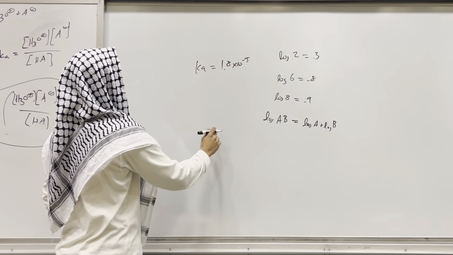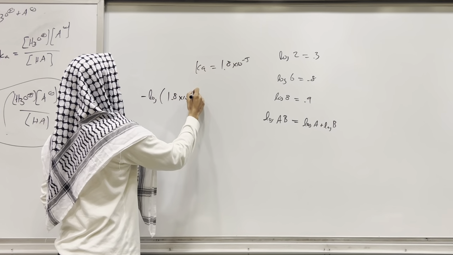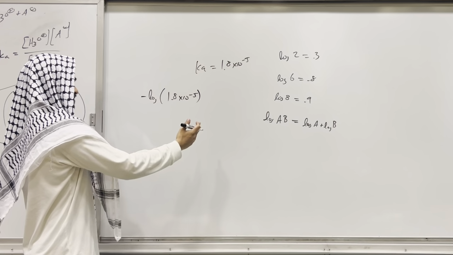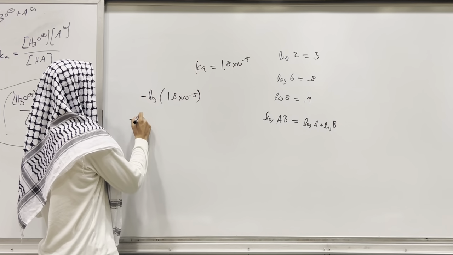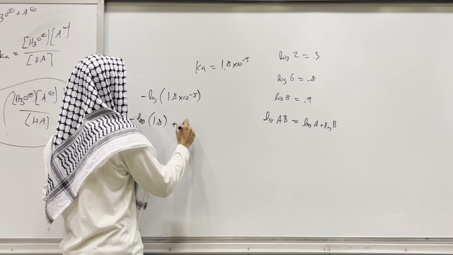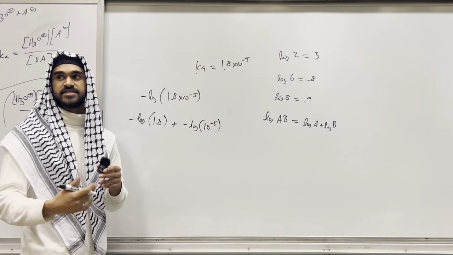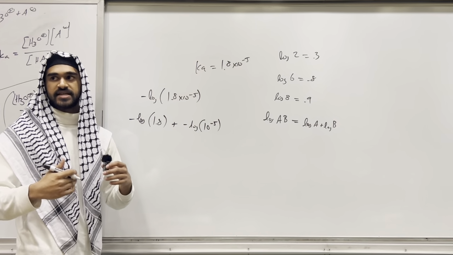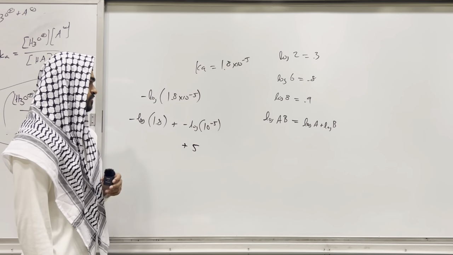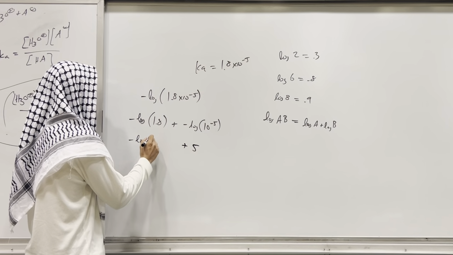So to calculate the pKa, we take the negative log of 1.8 times 10 to the negative fifth. This can be rewritten as negative log of 1.8 plus negative log of 10 to the negative fifth. The log of 10 to the negative fifth is negative 5, so the negative log of 10 to the negative fifth is 5. The negatives cancel out. What's the negative log of 1.8?